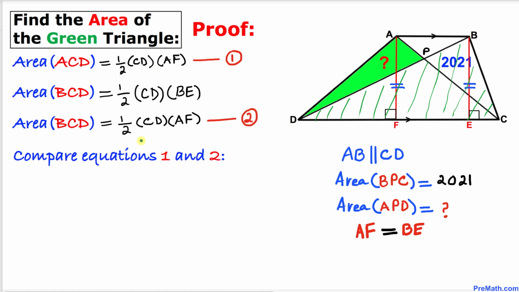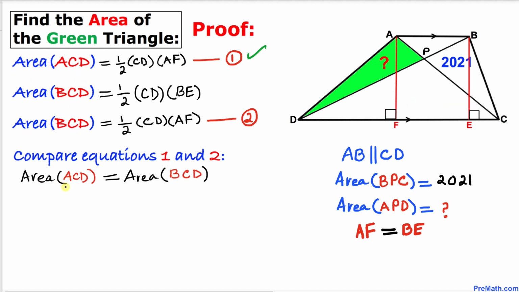Now let's compare equations 1 and 2, and we can see the right hand sides of both equations are the same. So that means the left hand sides are equal as well.